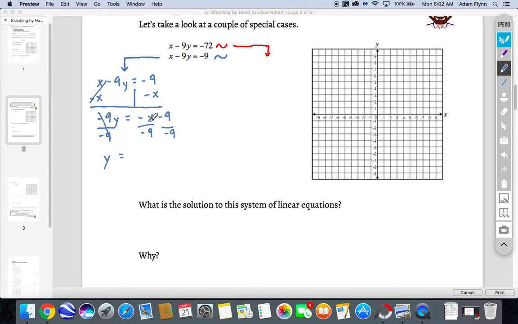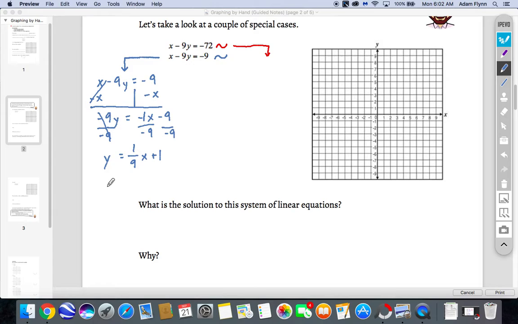This fraction right here is the same thing as having negative 1x divided by negative 9. So I'll take a look at my numbers here. So negative 1 divided by negative 9. Negative signs are going to cancel out, so I'm left with 1 over 9x. And negative 9 divided by negative 9 is going to be a positive 1.